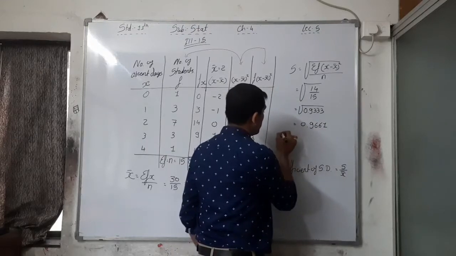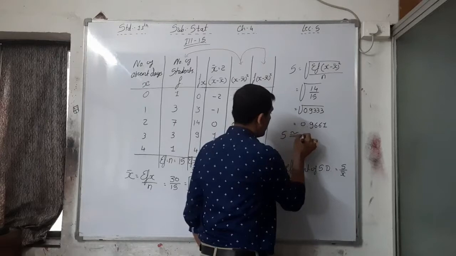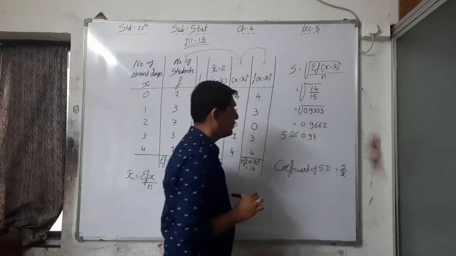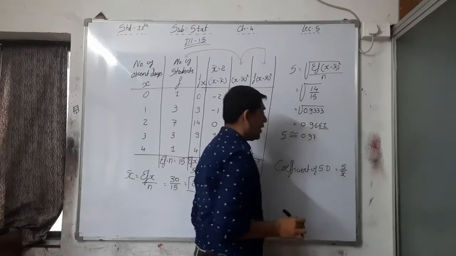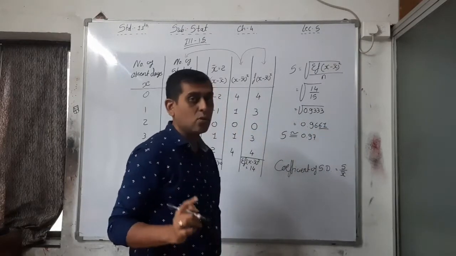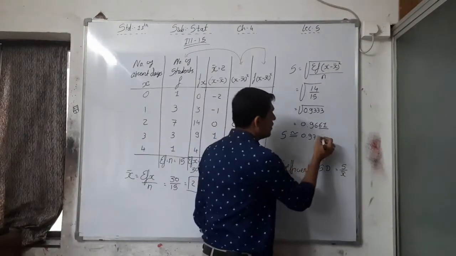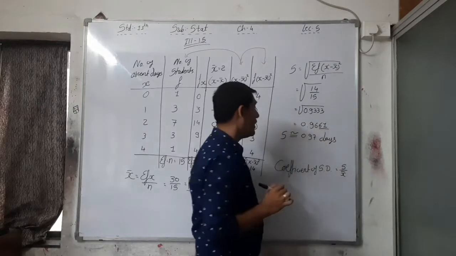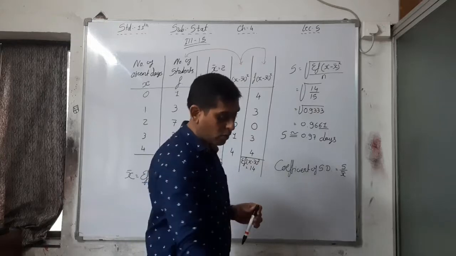And your approximate answer for your standard deviation is 0.97, because here the third digit is 6. That's why we have to add 1 to the previous digit. So 0.97 days is your answer. Standard deviation is equal to 0.97 days. Okay.